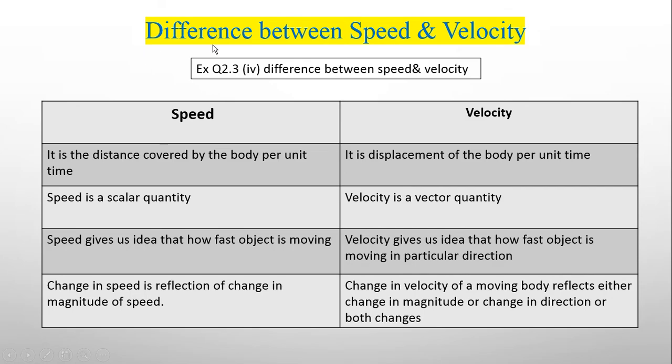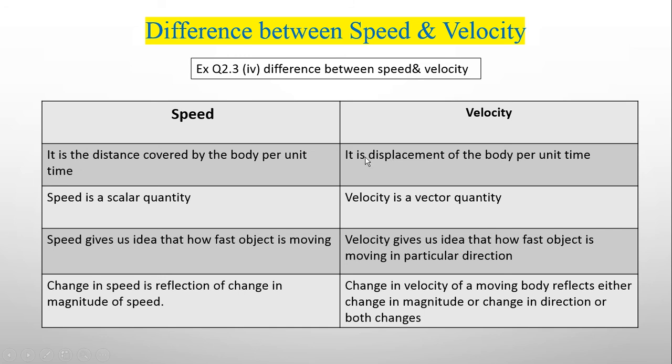Here we are going to discuss some differences between speed and velocity. I am also referring exercise question 2.3 part 4, difference between speed and velocity. Here, first point of speed, it is the distance covered by body per unit time, or you can say rate of change of distance is called speed. The word rate stands for time.